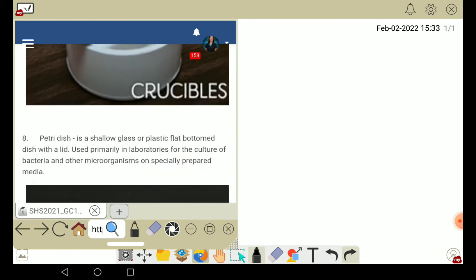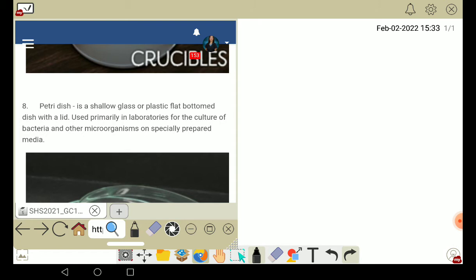Next, we have the Petri dish. Aside from your watch glasses, a Petri dish is not concave, but it is a shallow glass dish with a plastic flat bottom and a lid. So it has a lid of its own. It is used primarily in laboratories for the culture of bacteria and other microorganisms on specially prepared media, because we need the lid so that we could secure the bacteria.